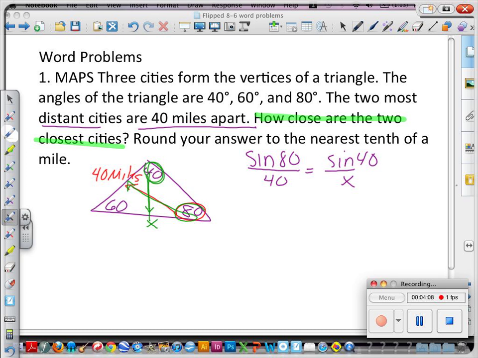So I'm going to go ahead and cross multiply. 40 times sine 40 equals sine 80 times x. You want to get x alone, so divide by sine 80.